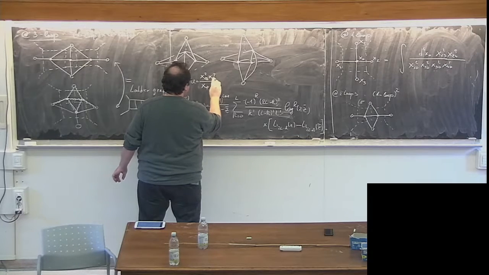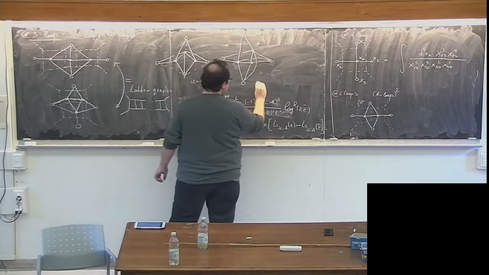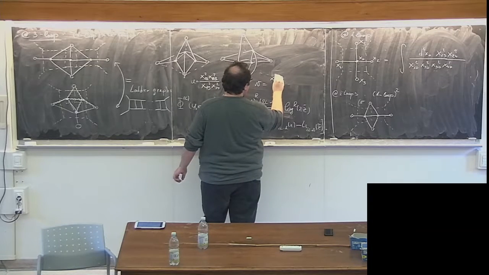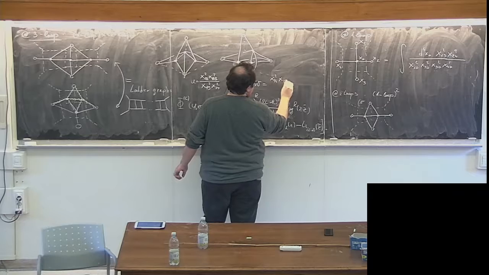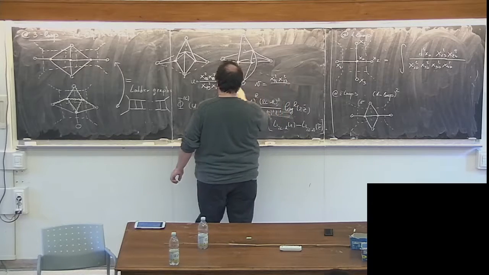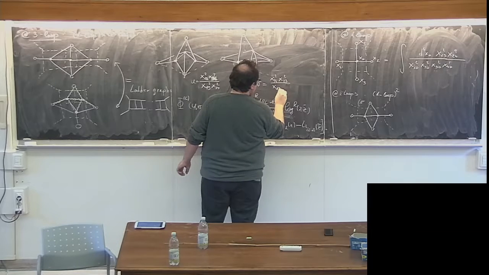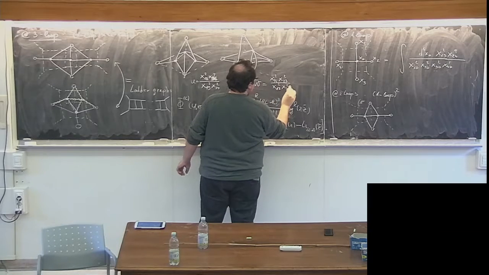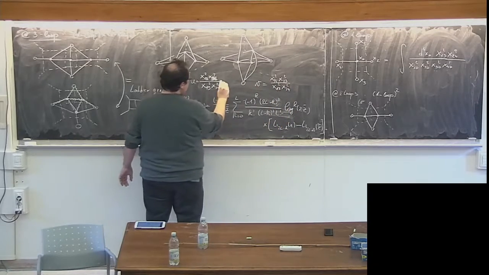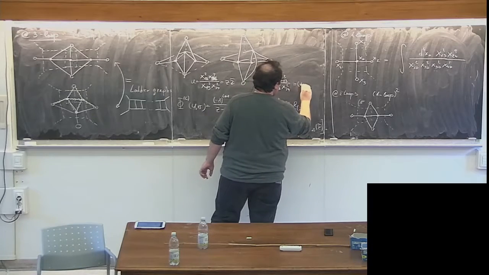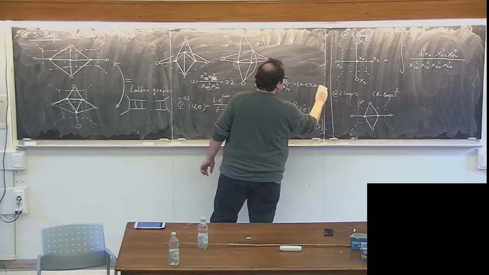u is x 1 2 square x 3 4 square divided by x 1 3 square x 2 4 square, and v is x 1 4 square x 2 3 square divided by x 1 3 square x 2 4 square, and z and z bar are defined by u equals z z bar and v equals (1 minus z)(1 minus z bar).